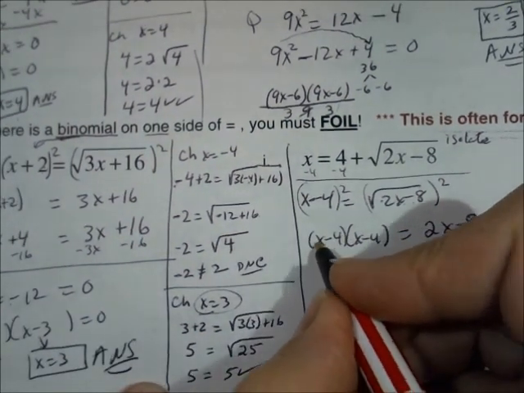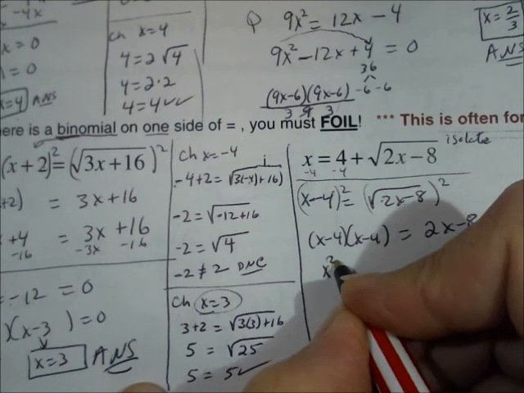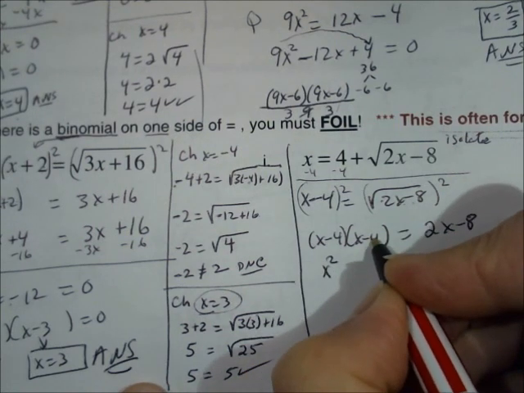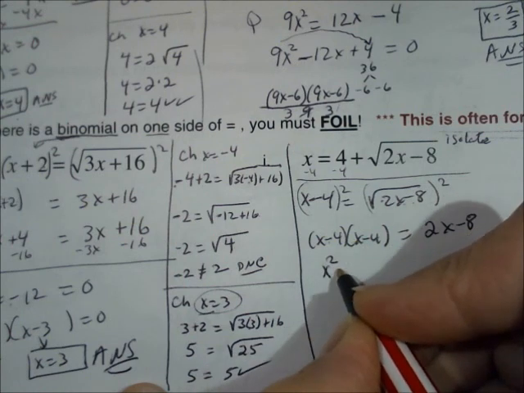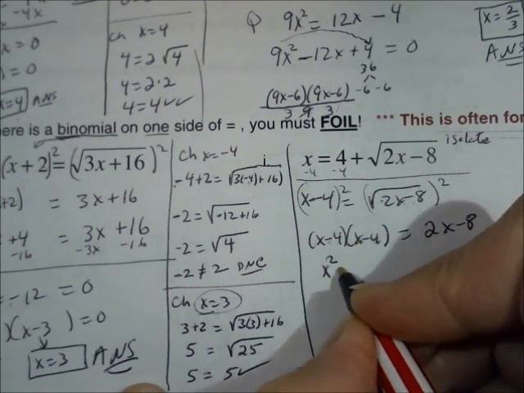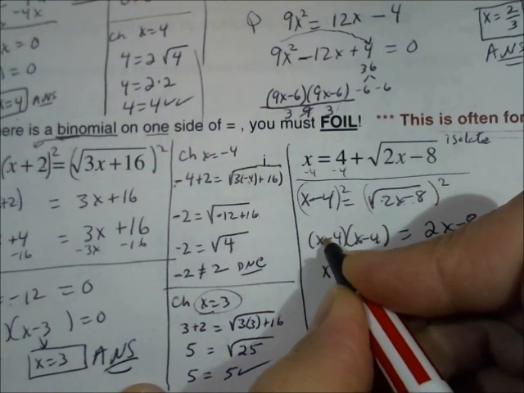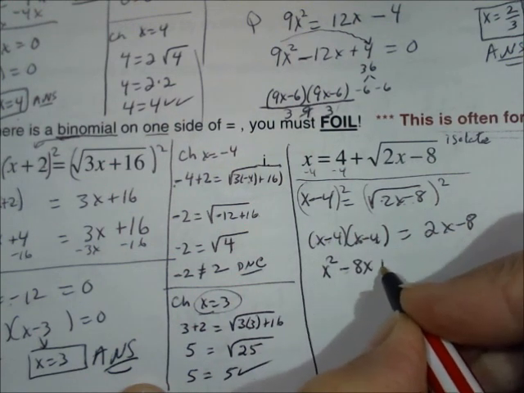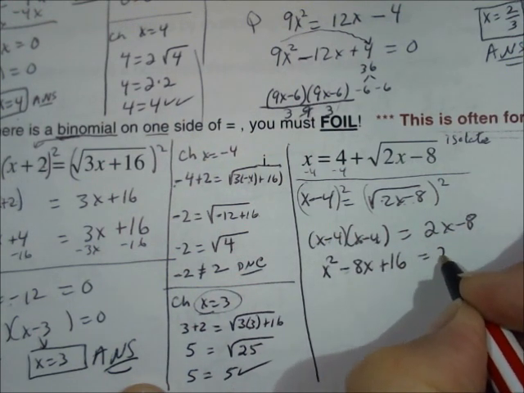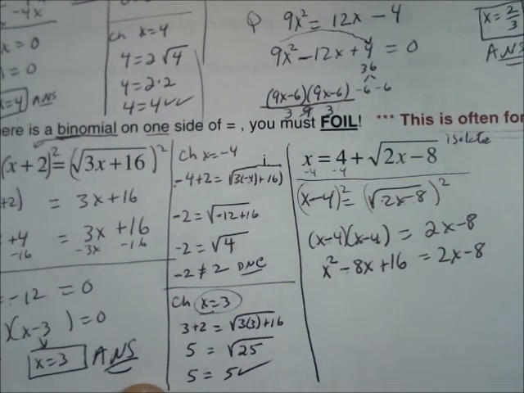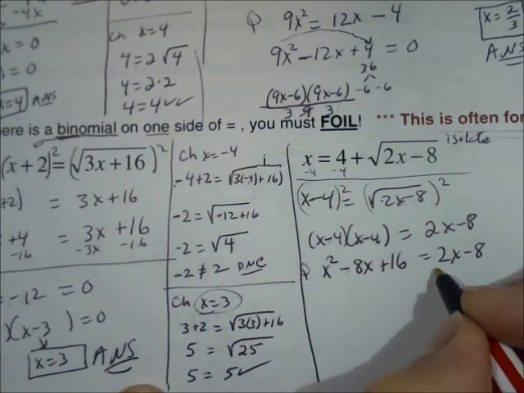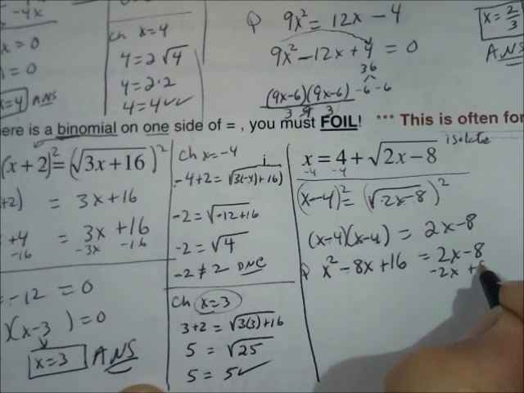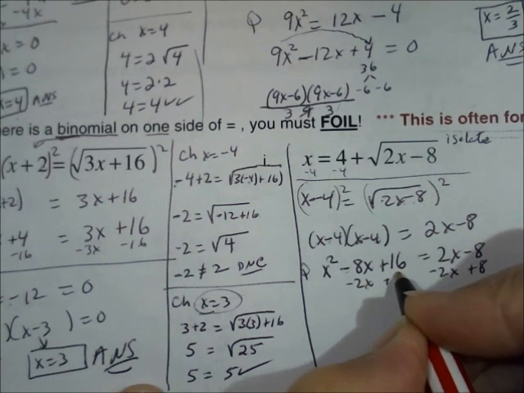Well, if you FOIL this, x times x is x squared, x times negative 4 is negative 4x, and you got another negative 4x. Negative 4x and negative 4x is negative 8x, and negative 4 times negative 4 is positive 16. So now you're going to set this equal to 0. This is a quadratic equation, so you're going to subtract 2x and add 8 to both sides.